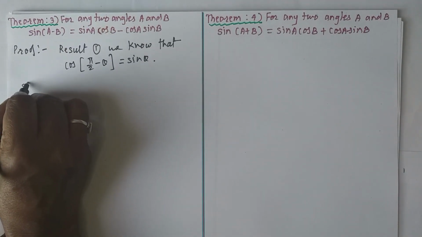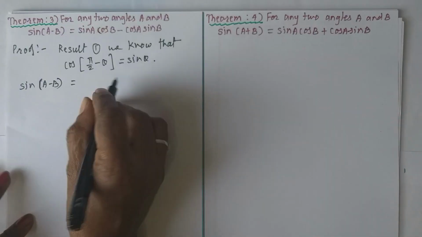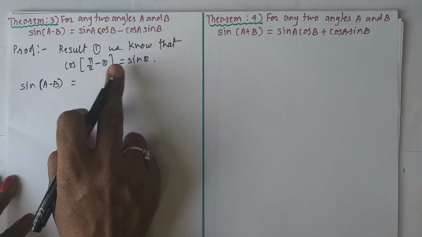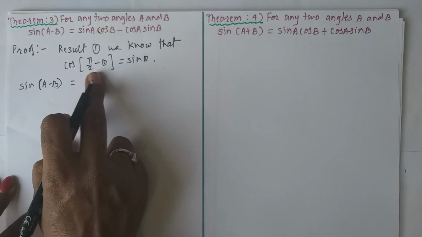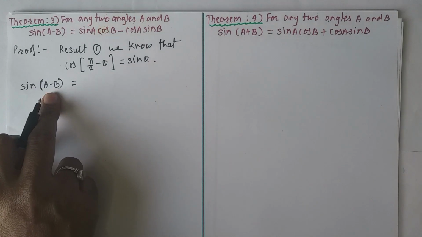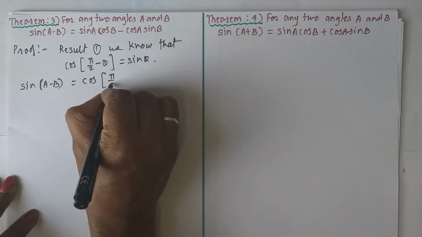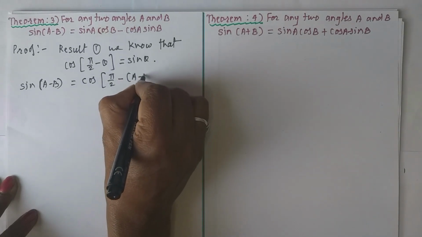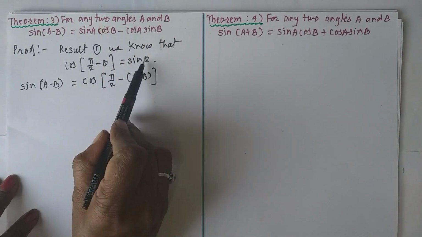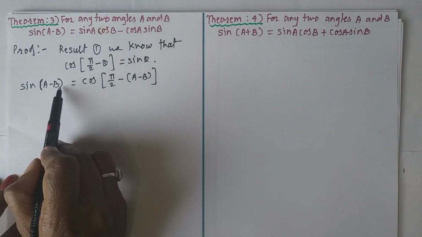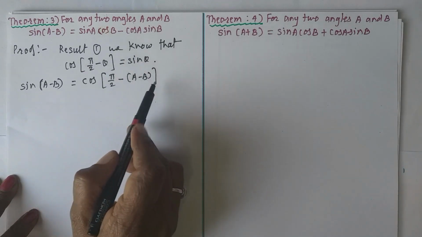Now in this formula, instead of theta, I will keep the value A minus B. Sin theta is cos pi by 2 minus theta. If theta is A minus B, then sin A minus B will be cos pi by 2 minus A minus B.